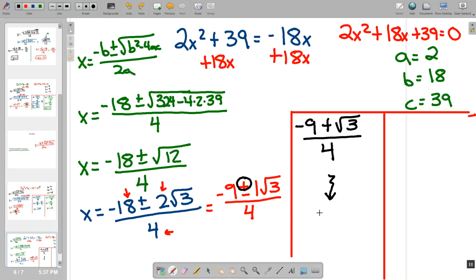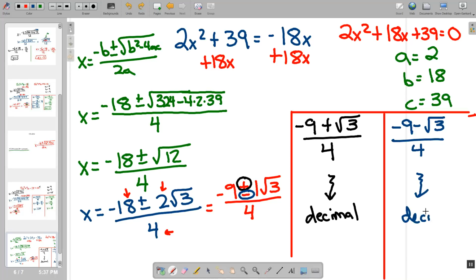I can make a decimal, but I actually can't simplify this any further, which means my negative solution, by the same token, is going to be negative 9 minus the root of 3 all over 4. And once again, I can make a decimal, but I cannot solve any further than that.